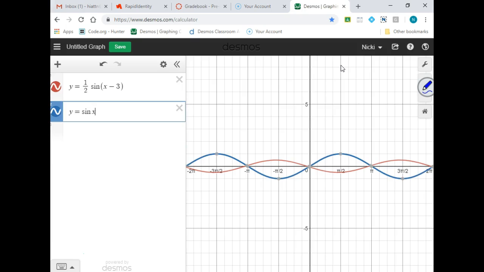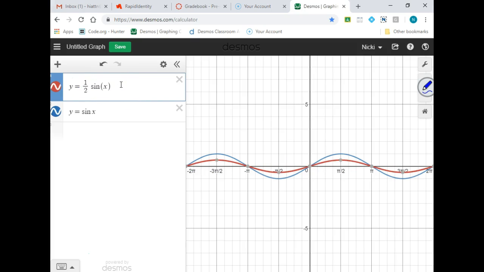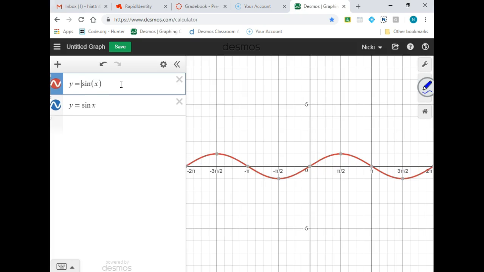All right, so let's get rid of that line right there. Actually, let's do this. Y equals sine x. Let's get rid of this one first. Make this one y equals sine x also. All right, so this is sine x, right?